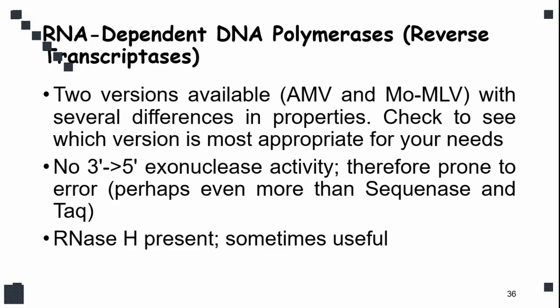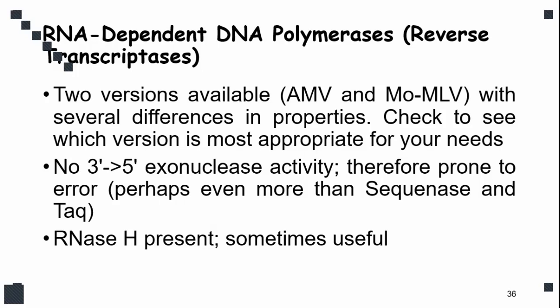The other one, RNA dependent DNA polymerase, is actually a reverse transcriptase. Remember in our lecture on the central dogma of molecular biology, we said that RNA can be reverse transcribed into DNA. What does that?